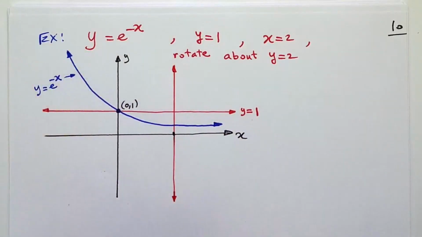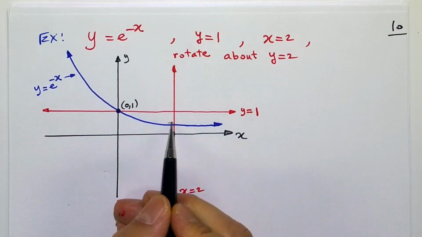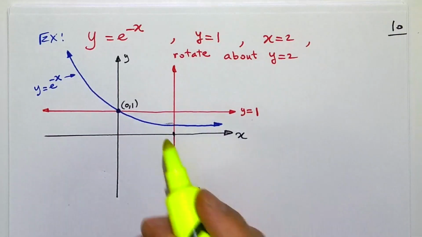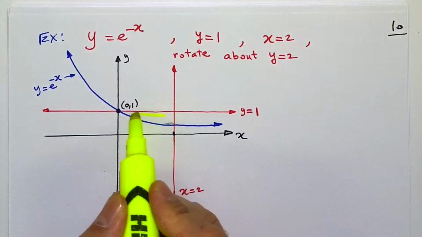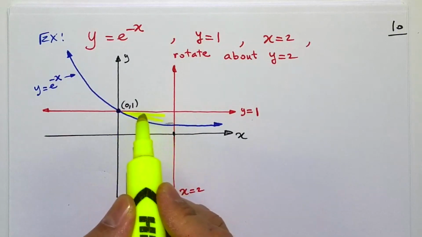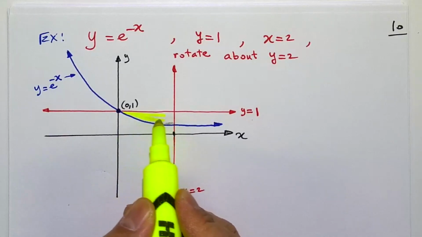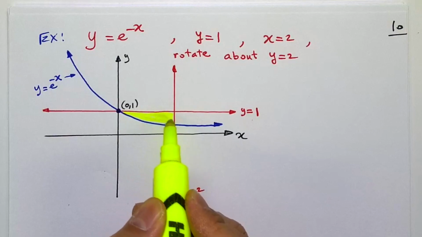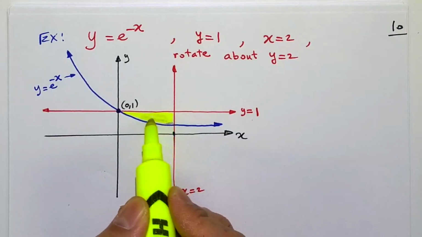Okay, so this would be x equals 2. So the region that we have enclosed by all these three curves is this here. Maybe I should use my highlighter in this case. I worry about smearing the ink all over the place, so that's why I use my pencil more often. That's the region we'd like to rotate.